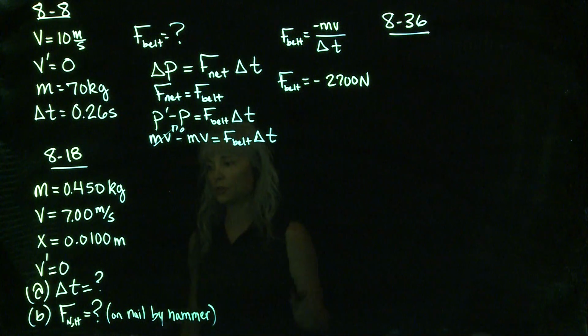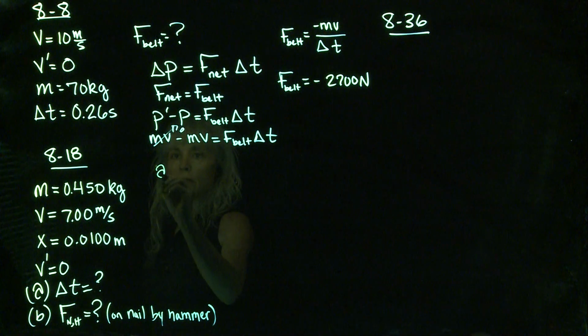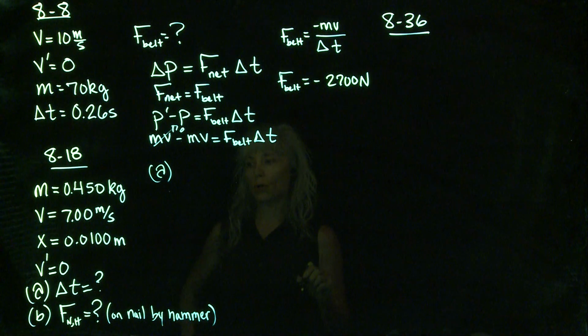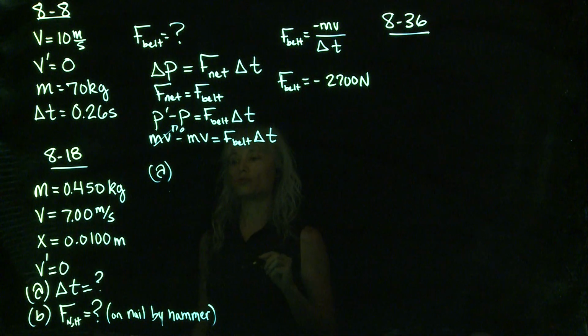All right, so there's the two quantities we're out to find. So A, we want to find how long it took for the hammer to be brought from a speed of 7 meters per second to rest.